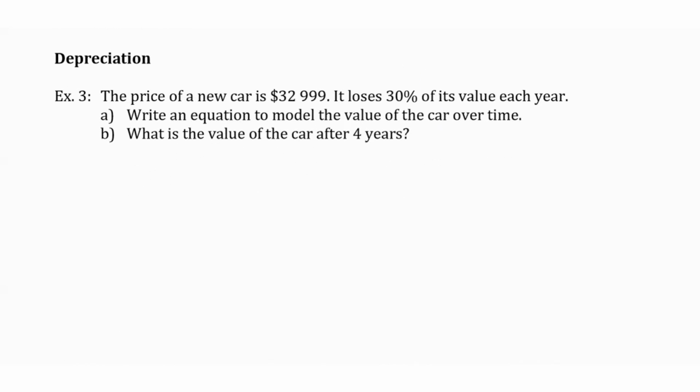Depreciation. The price of a new car is $32,999. It loses 30% of its value each year. Part A, write an equation to model the value of the car over time. So why don't you see if you can fill as many of those in as you can.